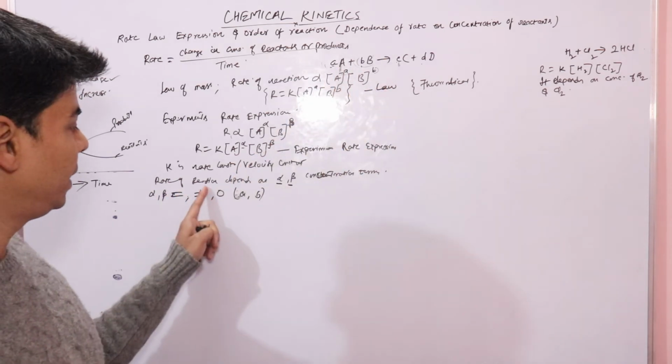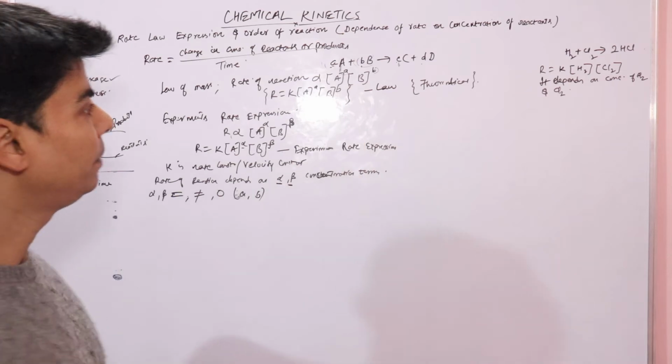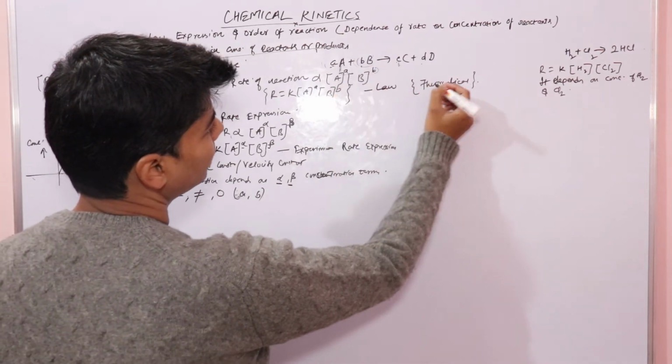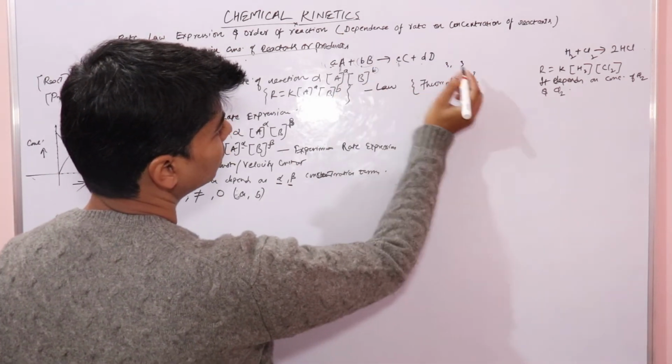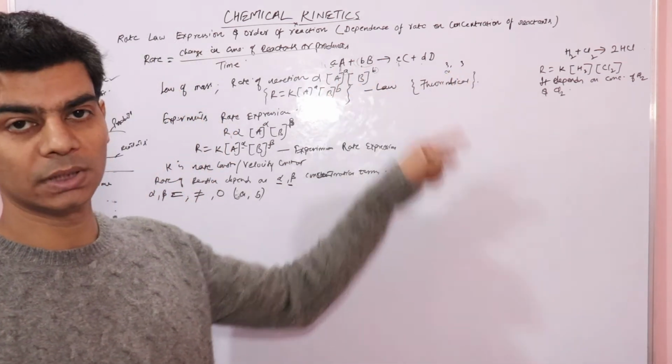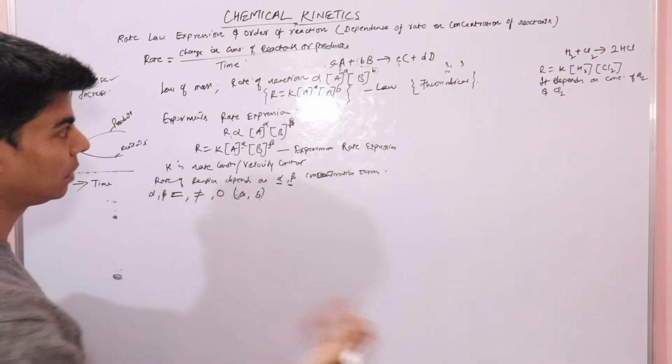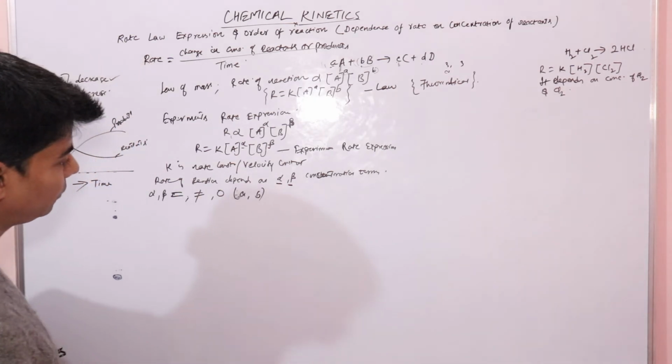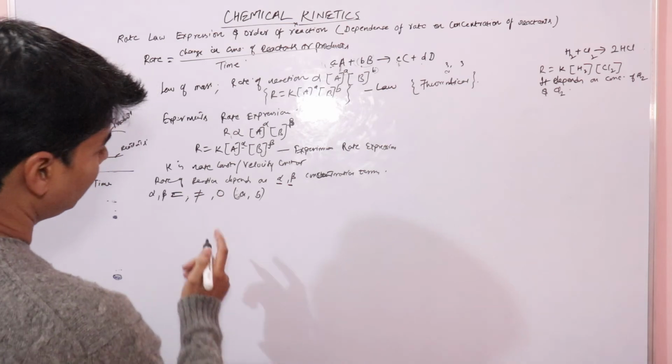For example, if a and b are 3 and 3 in both cases, alpha and beta may be 2. We'll understand this in just a moment when we do some examples.